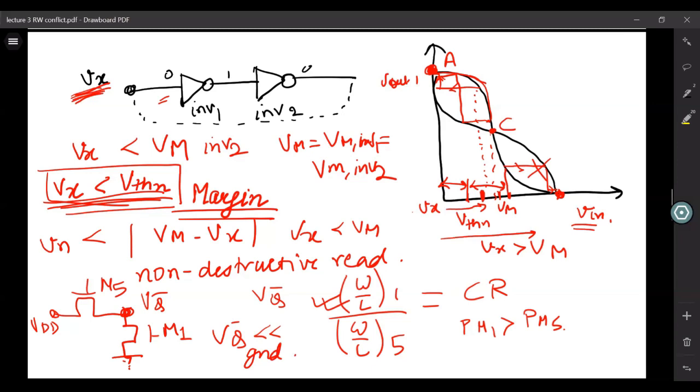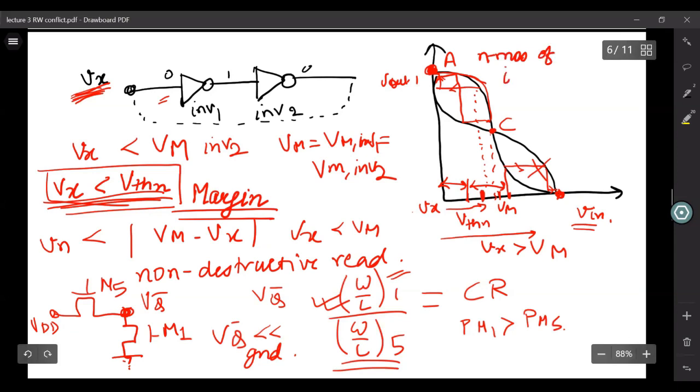So that is the criteria, and because of that, we'll have to increase the W by L ratio of M1 as compared to the W by L ratio of the access transistor. So for 6T SRAM cells, the first constraint on sizing of your inverters is that the NMOS transistors of the inverters should be stronger than your access transistors. So that is the first criteria.